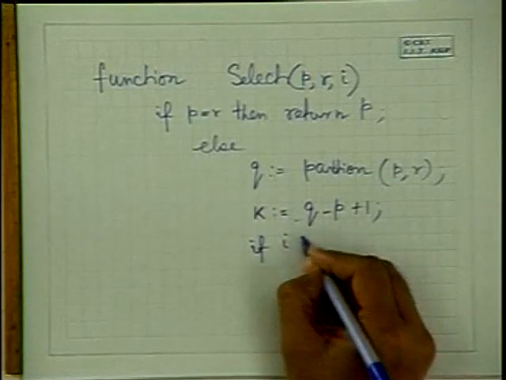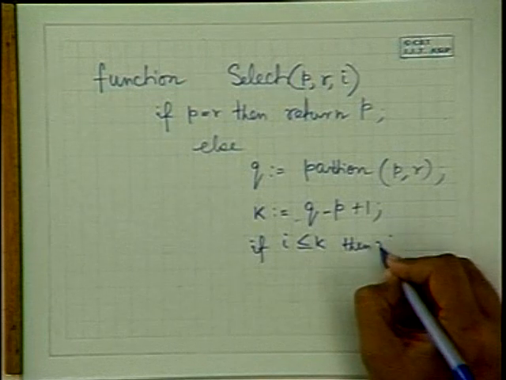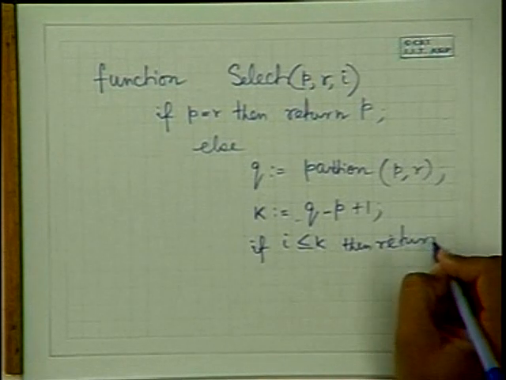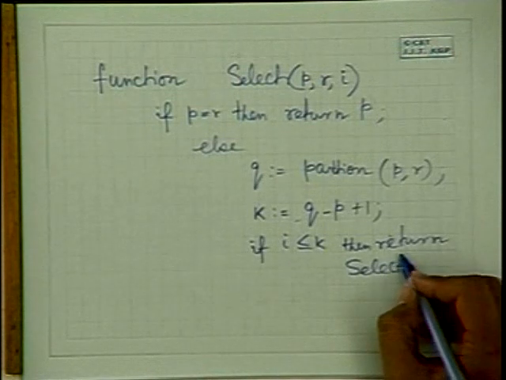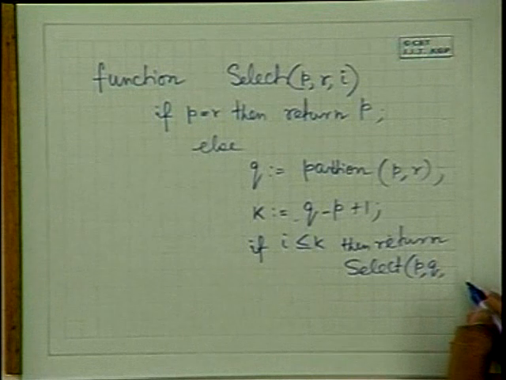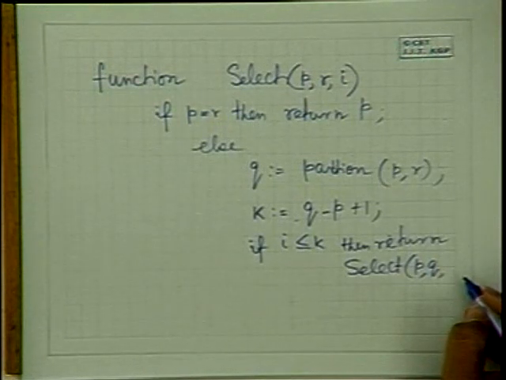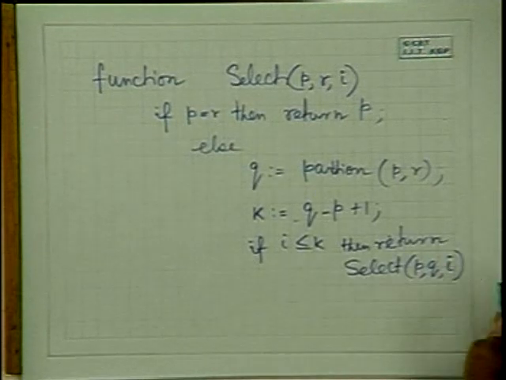If i is less than or equal to k, then return, I am going to give a recursive call, select(p, q, i). How should I give the call if i is less than or equal to k? i, not k.